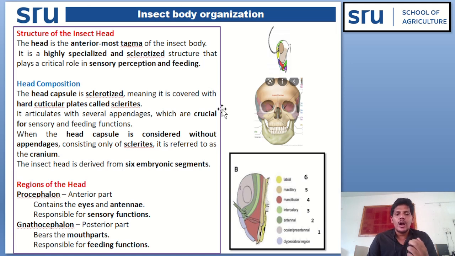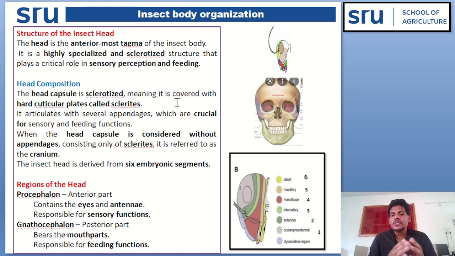See here, head composition. The head capsule is a sclerotized structure, meaning it is covered with hard cuticular plates called sclerites. The head is articulated with several appendages such as antenna, various mouthparts and eyes, which are crucial for sensory and feeding function.